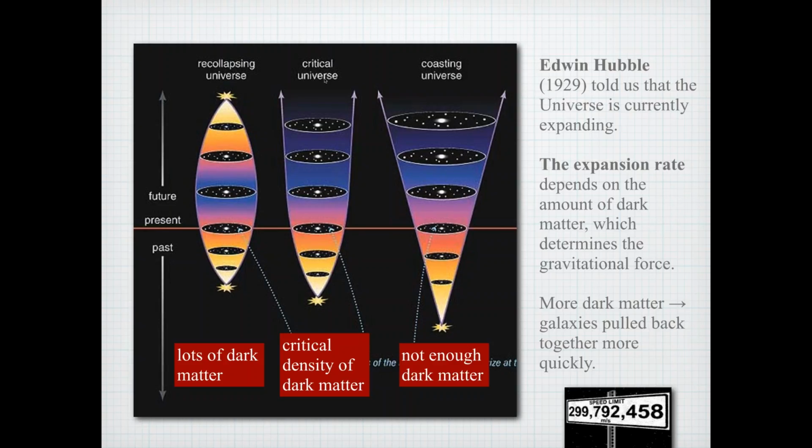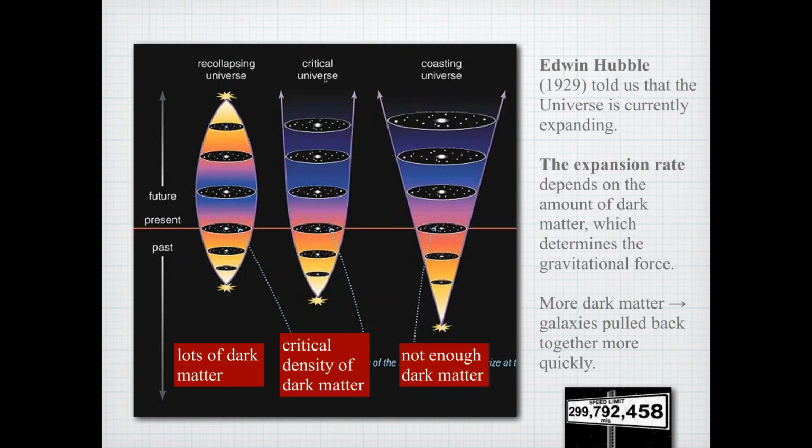So you can see that those arrows are straight lines. It is possible for a universe, not our universe, to have a constant speed. And if it's in between, you would have different kinds of deceleration depending on how much mass there is.